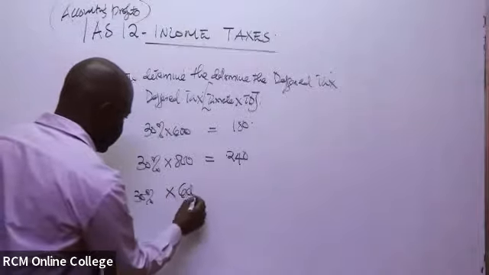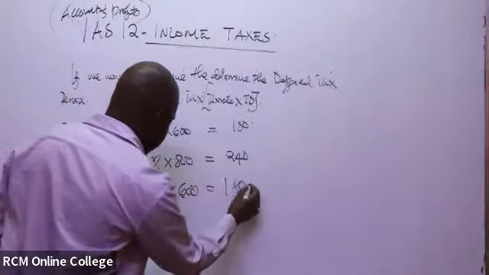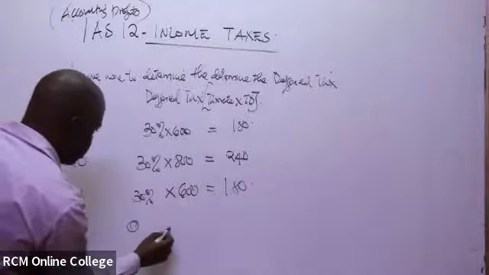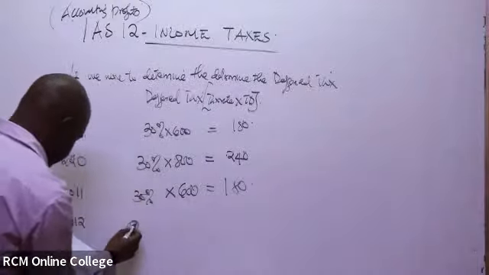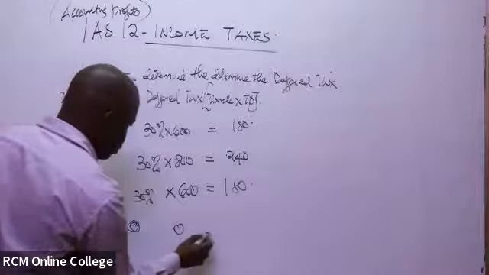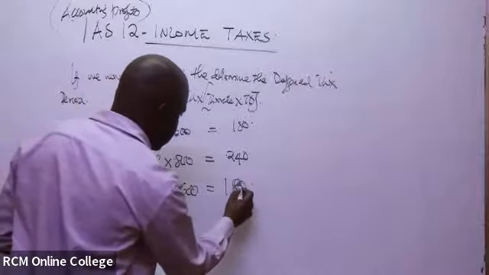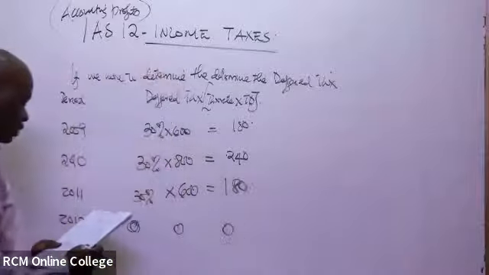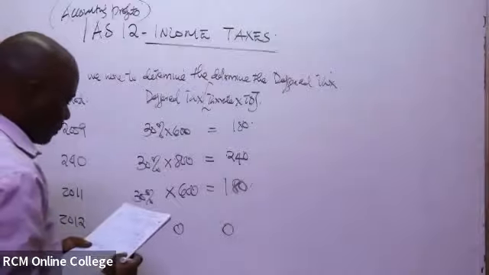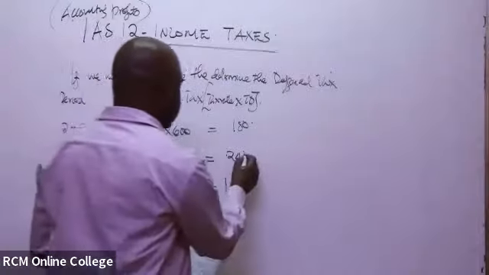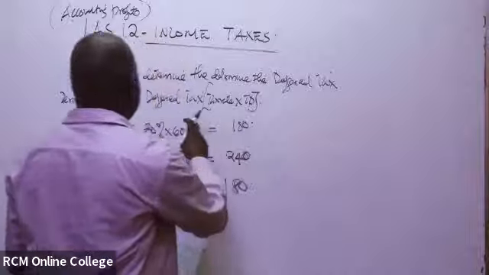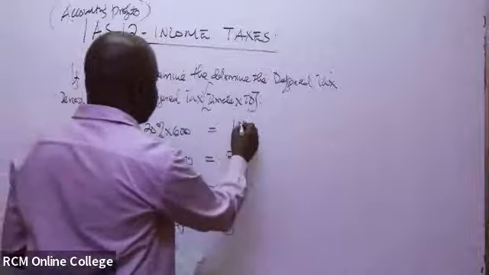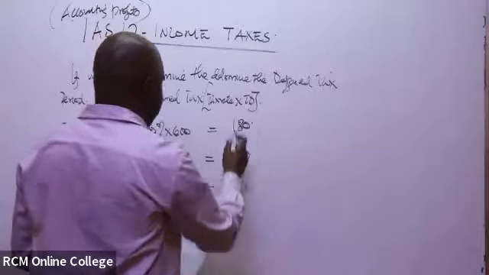It will be 180. This one was actually 0. There was no TD there. There was no temporary difference there. So this is basically the deferred tax.